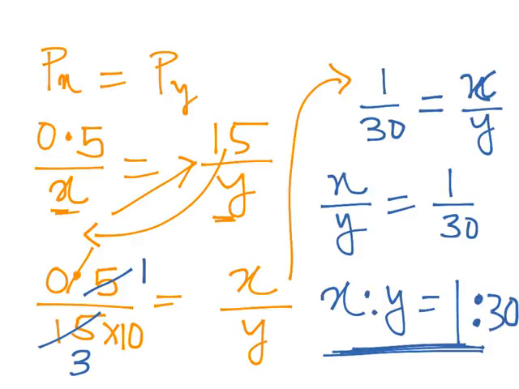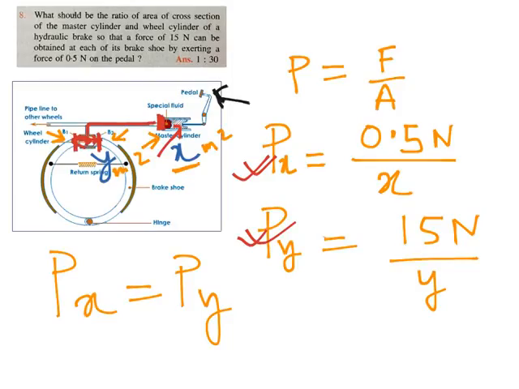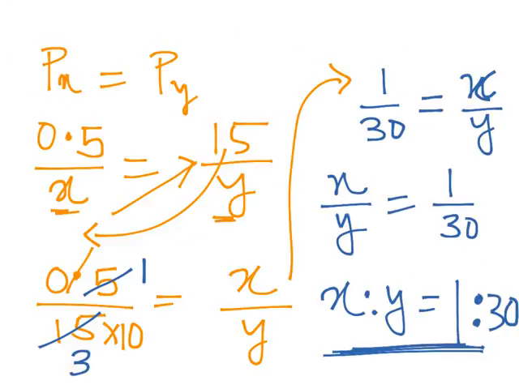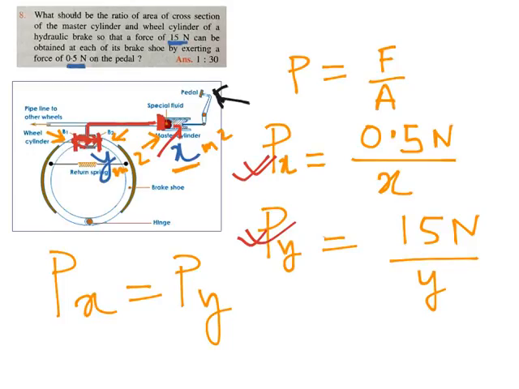That means if I have to transmit a small force of 0.5 Newton from the pedal, and multiply it so that at the brake shoes it is 15 Newton, we have to have 30 times more cross section at the brakes. Here, it should be 30 times more the size of the brakes.